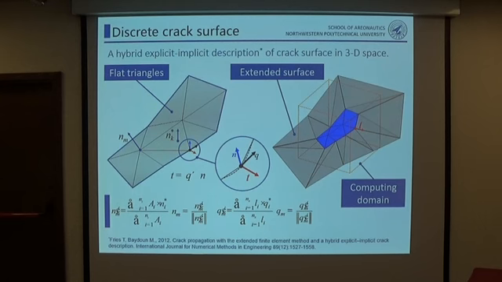And then the outline of the polyhedron will become the crack front, and the points on the crack front will be chosen as the source points for crack growth. As it is not smooth at the vertices of these triangles, the normal vectors are chosen as the weighted average of those on the surrounding triangles.